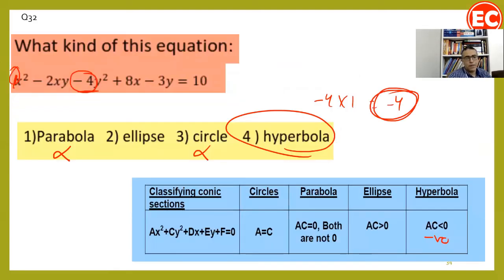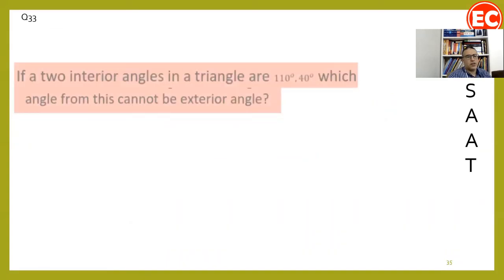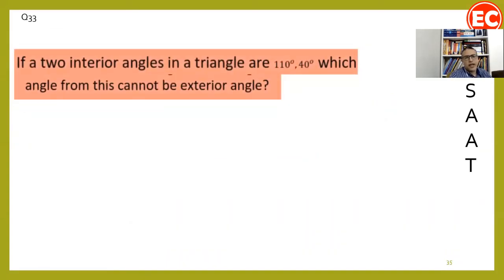Okay? Question 33. If two interior angles of a triangle are 110 and 40, which angle cannot be an exterior angle? Let's imagine that you have a triangle. One of its angles is 110 and this angle is 40. Of course, the third angle is 30.